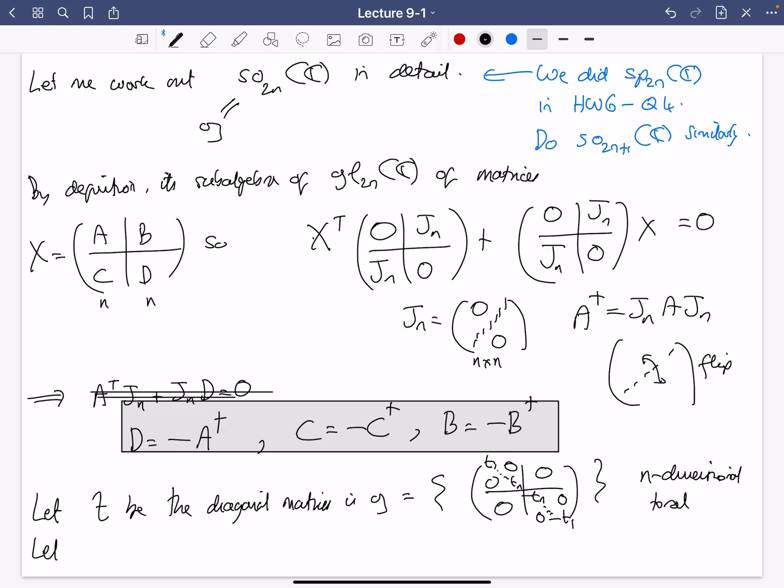And then I'm going to let epsilon_i in T star be the map taking such a matrix H, so often I just write diag(t_1, ..., t_n, minus t_n, ..., minus t_1), to t_i.